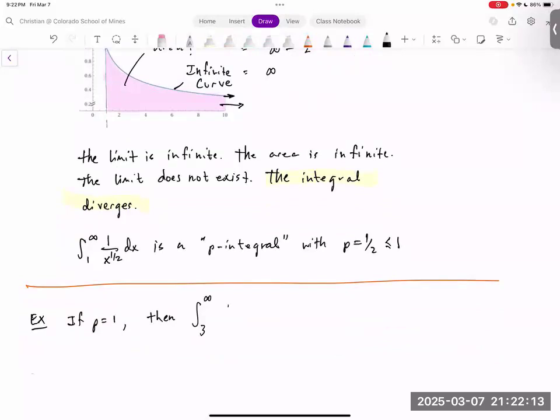In this case, it really won't matter. Our p integral would be 1 over x to the 1, or just 1 over x dx. Let's set up a limit first. We'd have the limit as n goes to infinity of the integral from 3 to n of 1 over x dx.